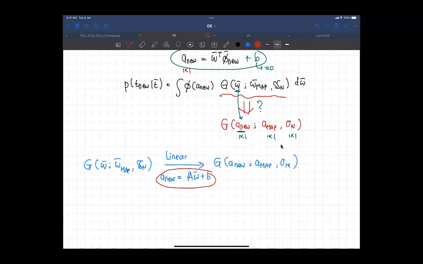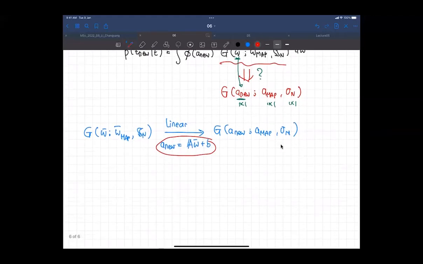I will not prove this here, but you can look at Wikipedia for the Gaussian linear transformation. If you search Gaussian linear transformation, you will get the mathematical proof there.